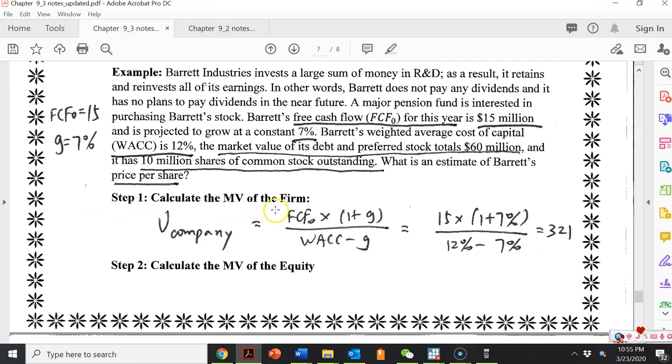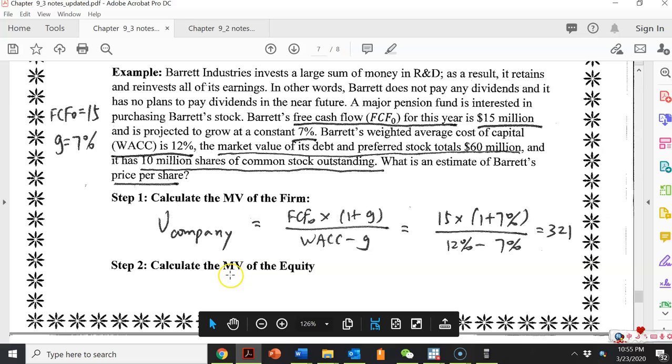Step 1, we calculate the market value of the firm. Value of the firm equals free cash flow 0 multiplied by 1 plus G over WACC minus G. It should be 321. Compared to our first case where we have 2-stage model for the free cash flow model, here we only have 1 stage, so we can get the company value easily.